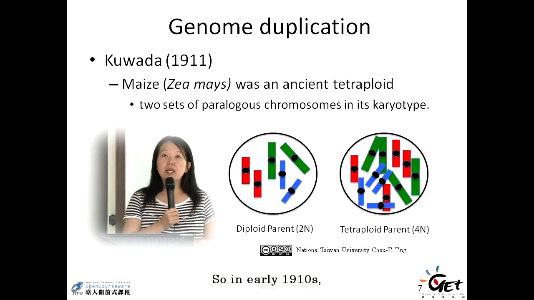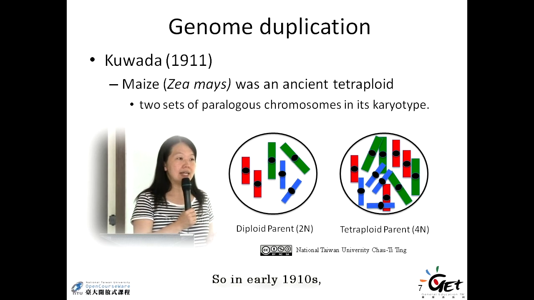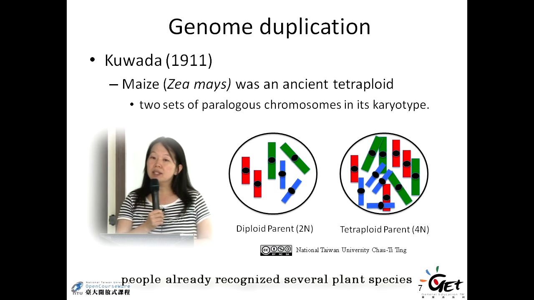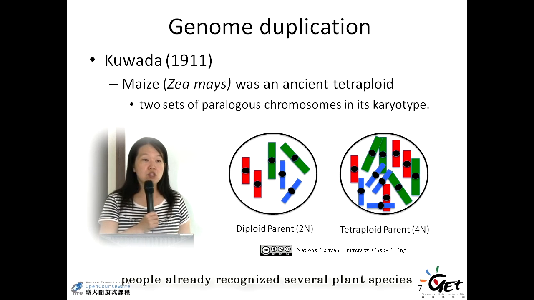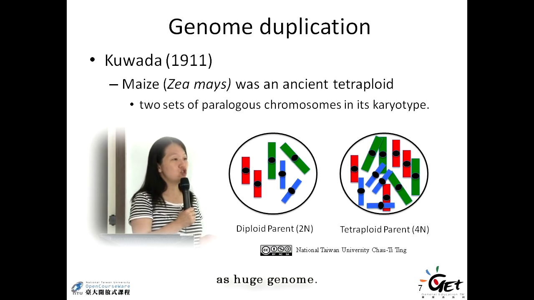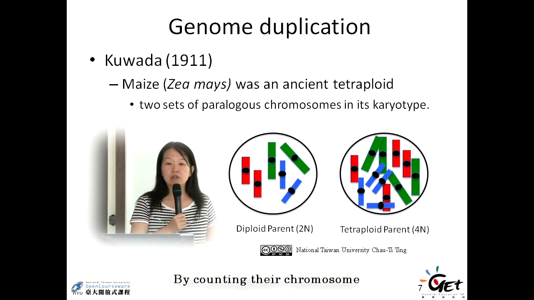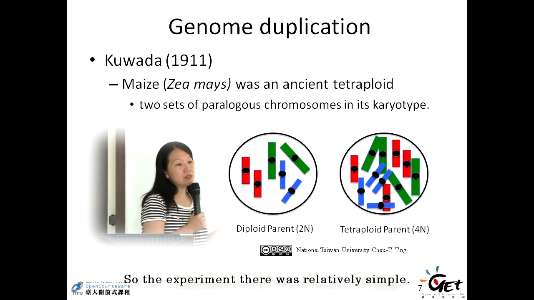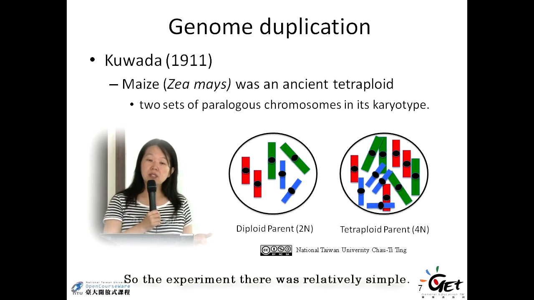So in the early 1910s, people already recognized several plant species as having huge genomes by counting their chromosomes. So the experiment there was relatively simple.